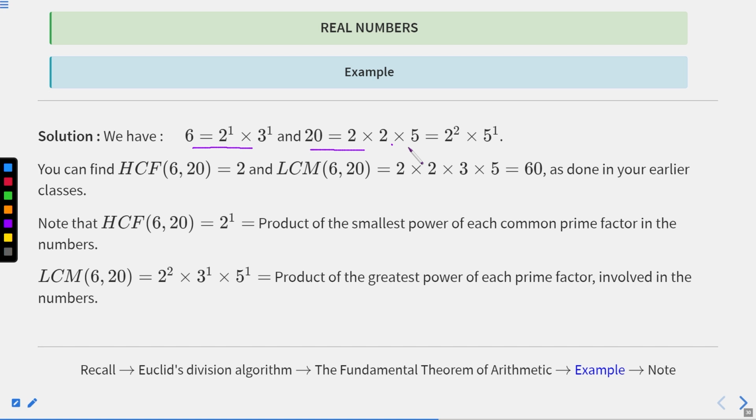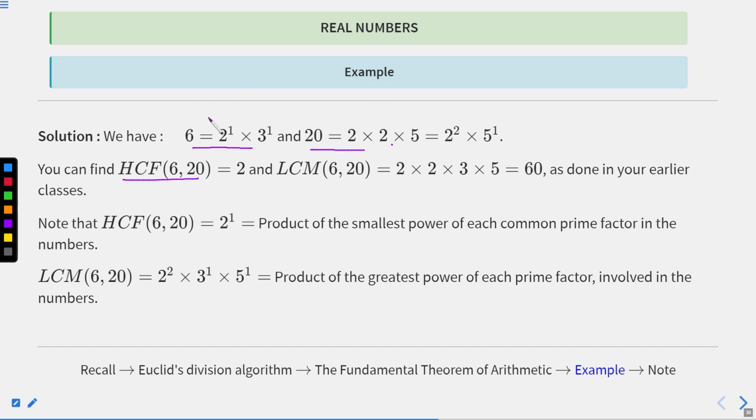We know the HCF of two numbers is the product of the lowest power of the common prime factors. So the HCF of 6, 20 is the product of the lowest power of the common prime factors.